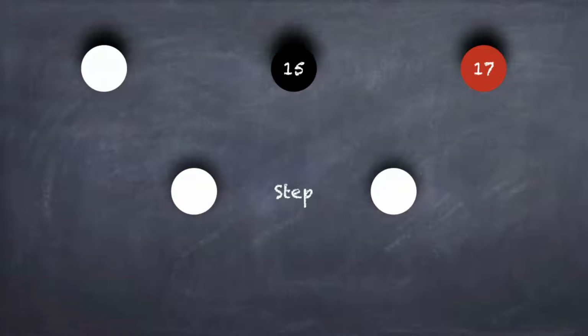So the new stack will become, earlier it was 13, 15 and 17, now it will become 15 of white, 14 of black, and 16 of red. So black and red have been reduced by 1, whereas white has been increased by 2.